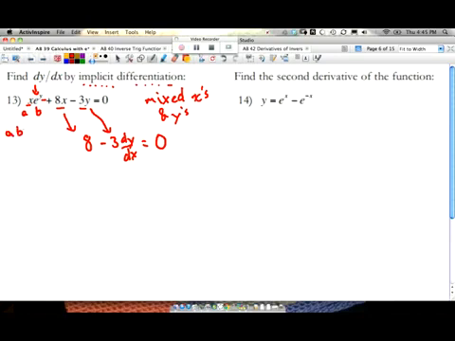Alright, so the structure here, I need to look at this as AB prime plus BA prime. Derivative of one times the other plus the switching of that. Okay, so AB prime, that's going to be x times e to the y dy dx. So what's going on there? How did I get that? Well, e to the whatever, take the derivative, it's still e to the whatever, but you have a chain, which is the derivative of that exponent.